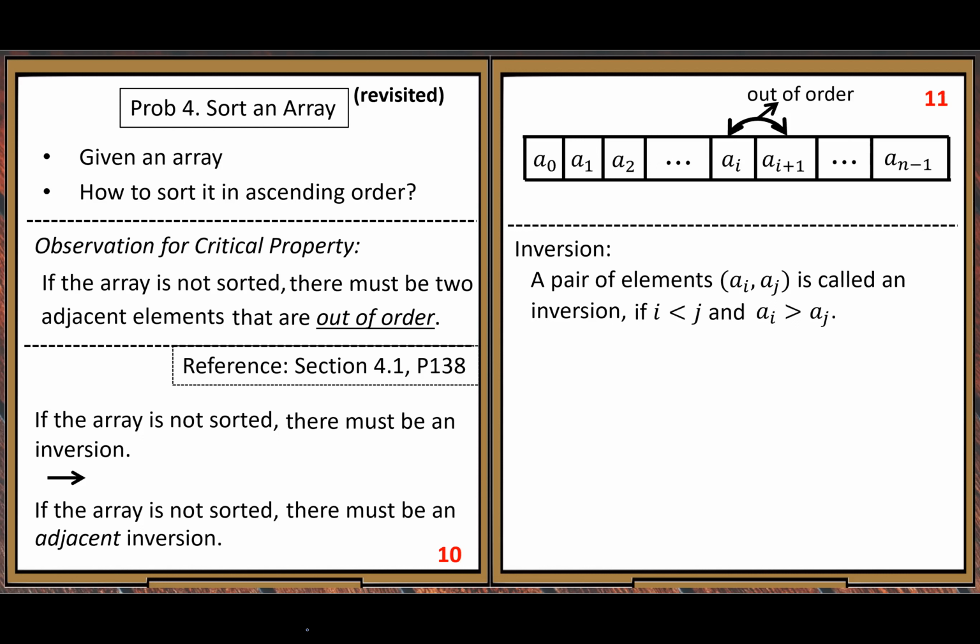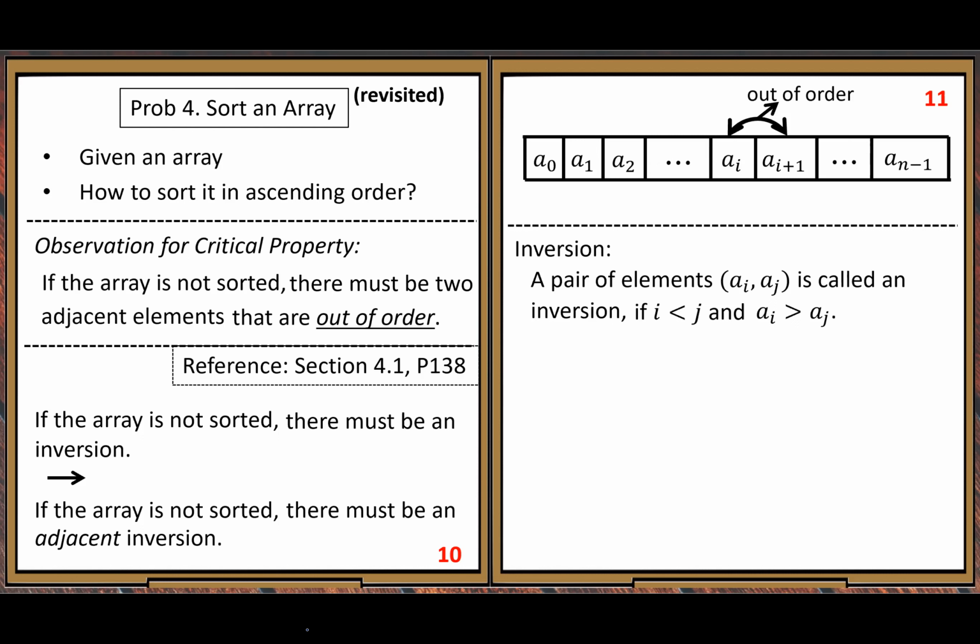But the second, adjacent one, is a local view. We are only interested in adjacent inversions, not global inversions. But why do we prefer the second version over the first one?